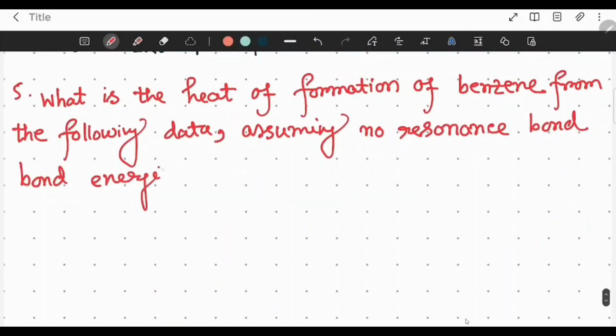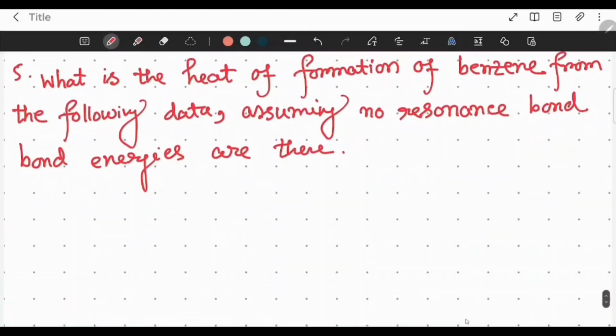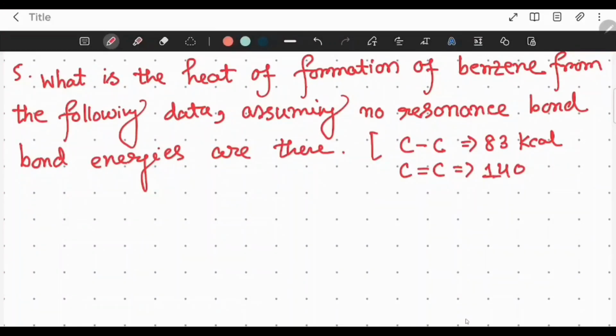Bond energies are given. The bond energy of C single bond C is 83 kilocalorie, and C double bond C is 140 kilocalorie.